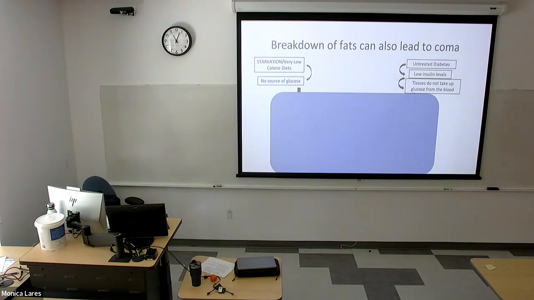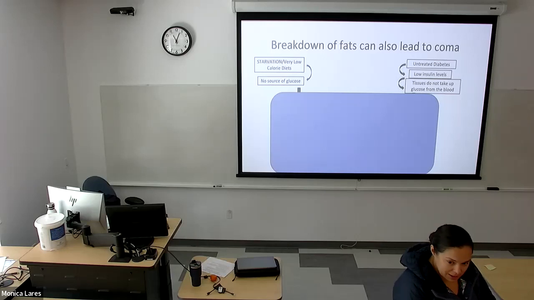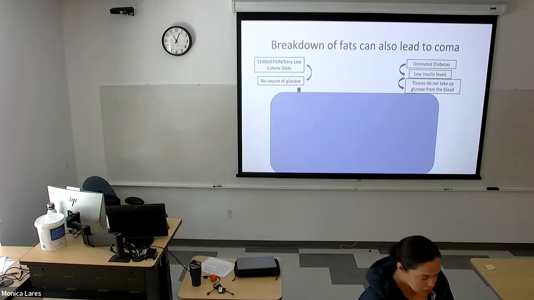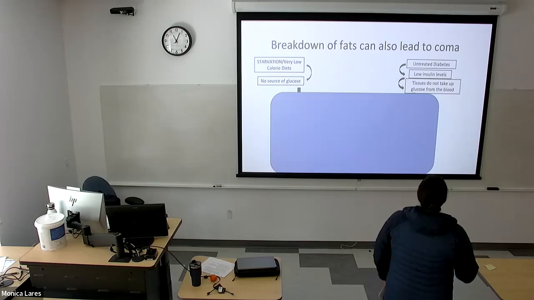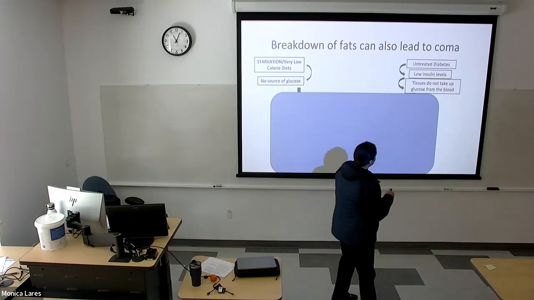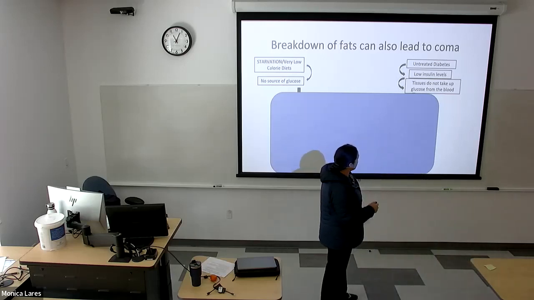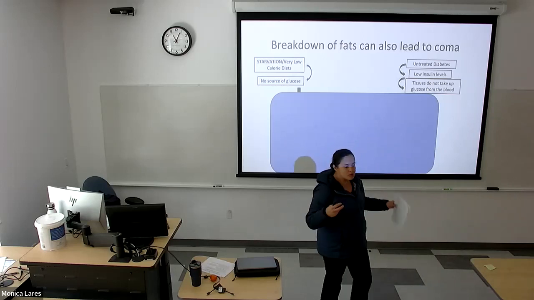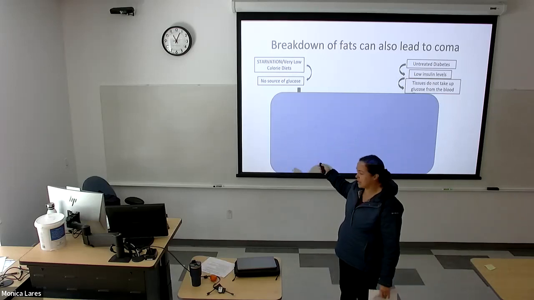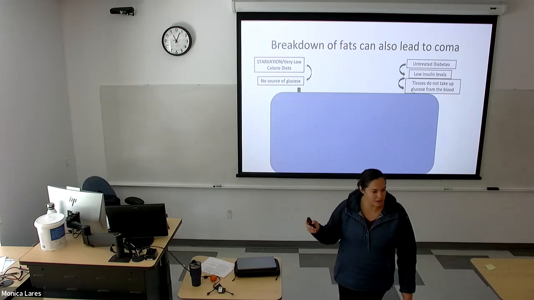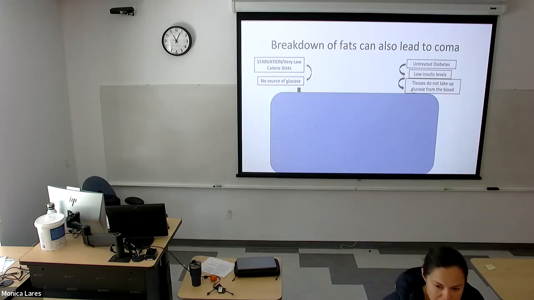They don't know they can take it up and use it. That's why diabetics have to do those insulin shots, the signal to the body that there's a lot of glucose in the blood, take it up. So in untreated diabetes, they have low insulin levels, so the tissues do not take up glucose from the blood. The cells think they're starving, even though the glucose is there. So it's similar.